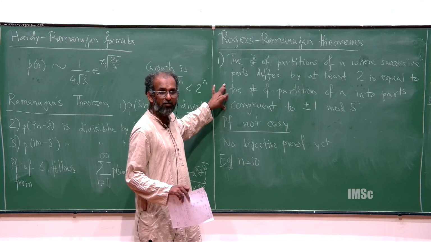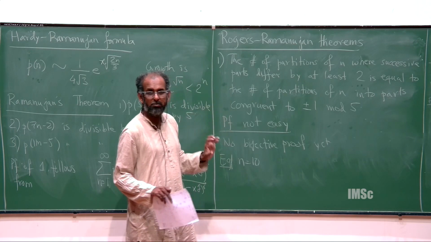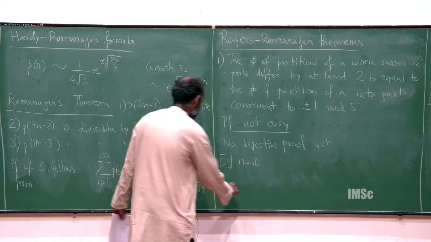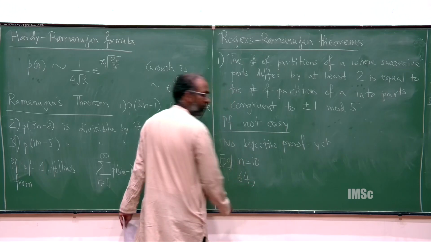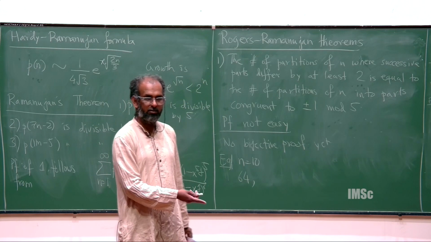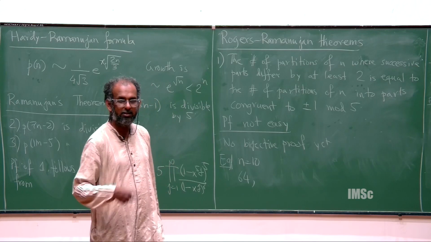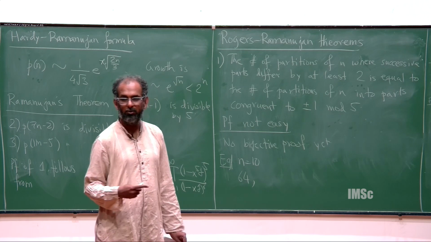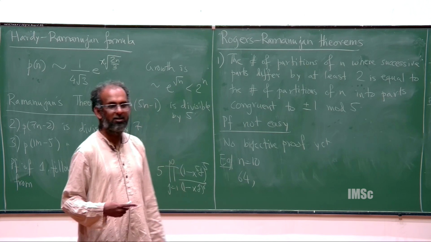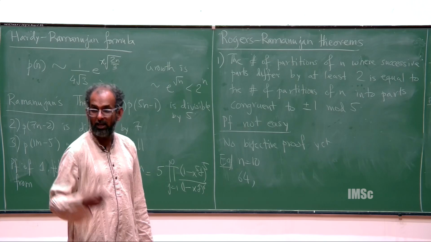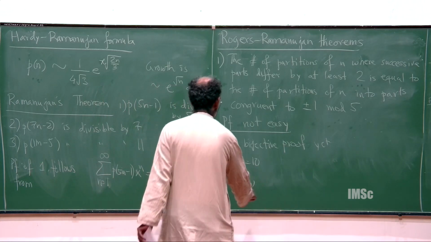What are the partitions of 10 into parts congruent to plus minus 1 mod 5? Tell me one. 6, 4, good. Right? 6 is 1 mod 5, 4 is minus 1 mod 5. Next, anything else? No, there are a lot more. 9, 1, very good.